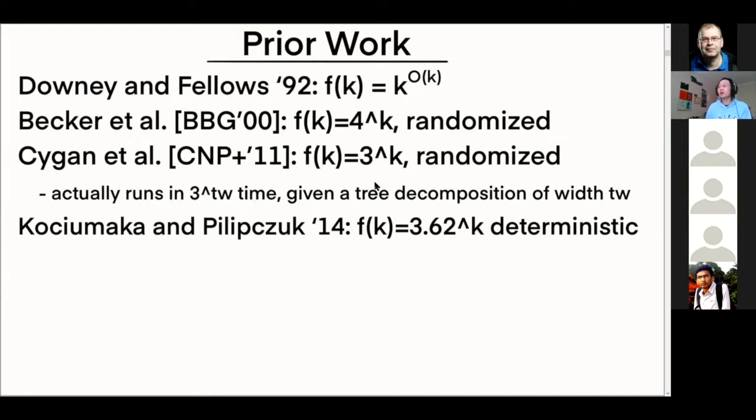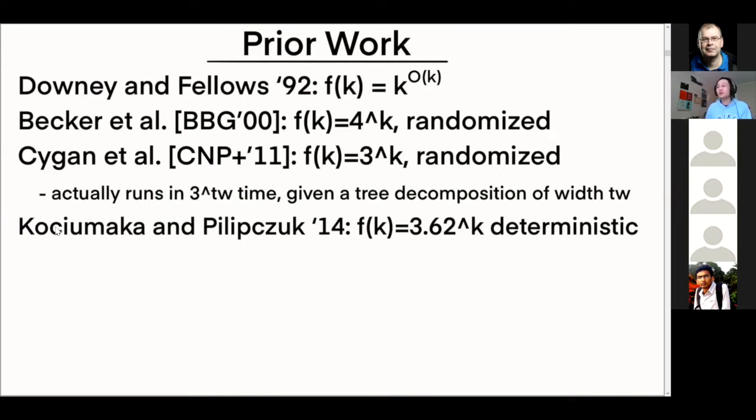Now, it is well known that if a graph has a feedback vertex set of size at most k, then it has treewidth at most k plus 1, in which case we can replace treewidth by k. But in this talk, we'll actually need the fact that it runs in 3 to the treewidth time to obtain our improvement. So we should keep that in mind: this algorithm actually runs in time 3 to the treewidth.